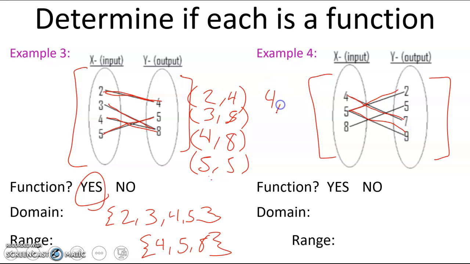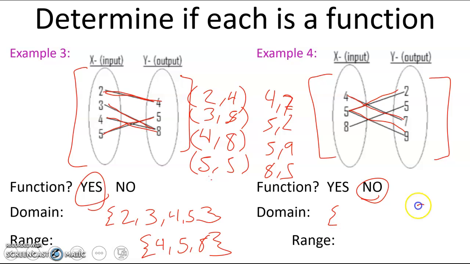If I were to write this out as ordered pairs, it'd be 4, 2, 5, 7, 5, 9, and then 8, 5. And you notice that your x values repeat, so no, you do not have a function here.